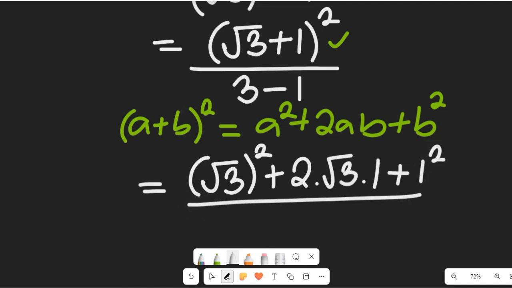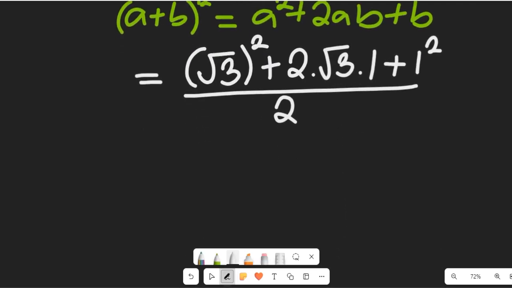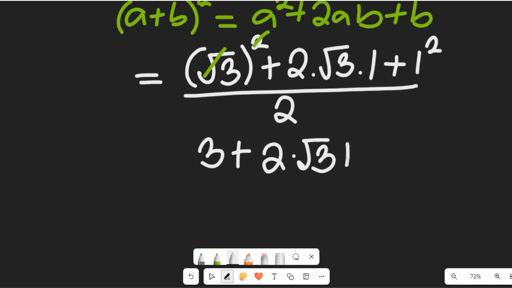And all of these will be divided by 2, since 3 minus 1 is 2. So what do I have? The squared root clears, and I'll be left with 3 plus 2 multiplied by 1, which gives me 2 root 3, plus 1, all divided by 2.